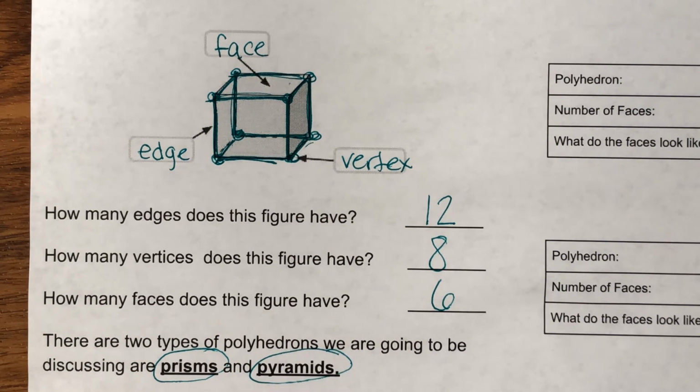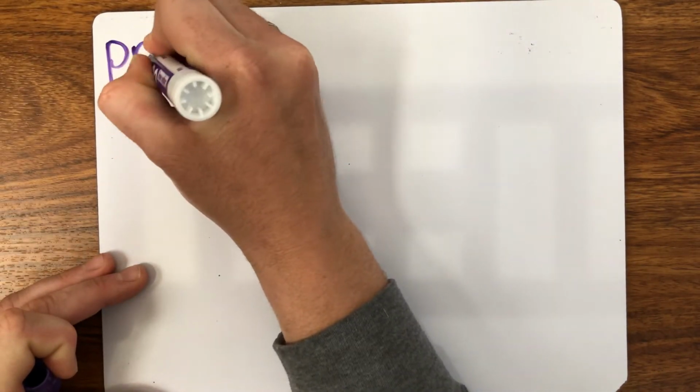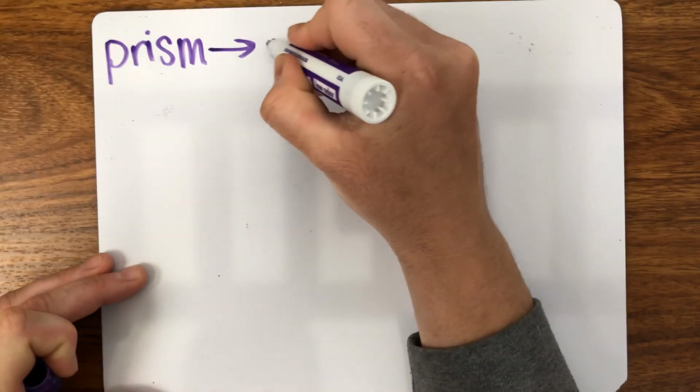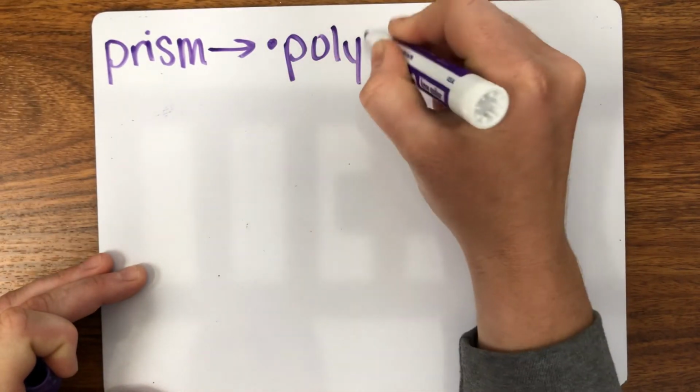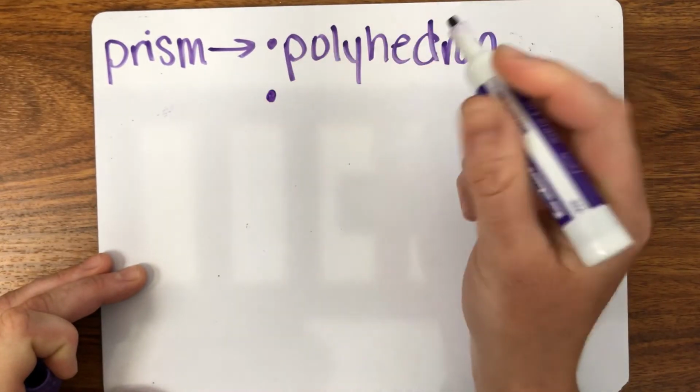All right, so let's bring this up. Perfect. All right, so the definition of a prism: it is a polyhedron, a 3D shape, made of polygons.